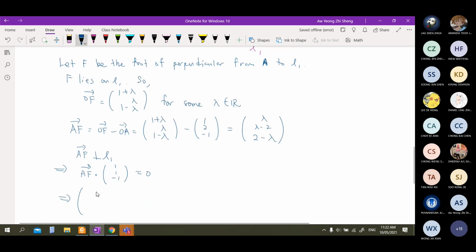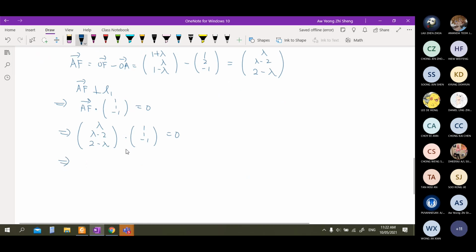Sub in the values. Compute the dot product. It's 3 lambda minus 4 equals 0, which means lambda is 4/3.